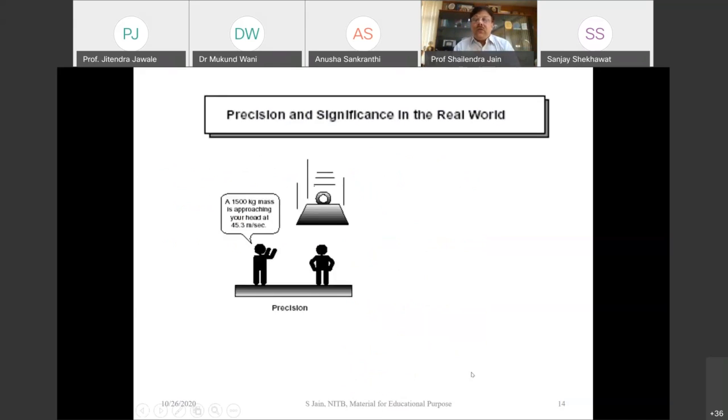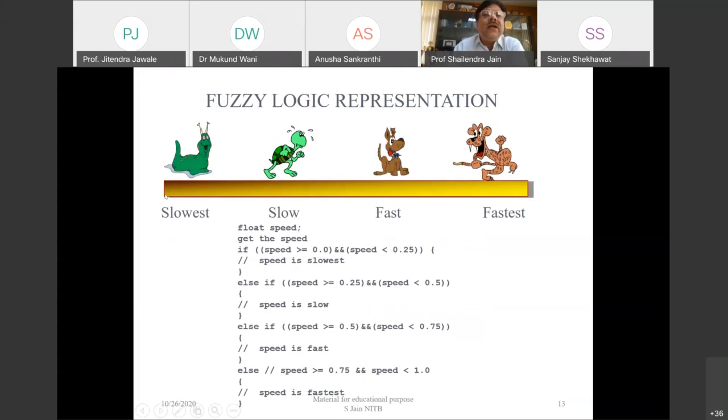We will basically write on a horizontal axis: on the LHS side it is slowest, on the RHS side, fastest. So 0 to 0.25 slowest, 0.25 to 0.5 slow, 0.5 to 0.75 fast, and 0.75 to 1, we call it fastest. Then again we'll write an if then else statement.